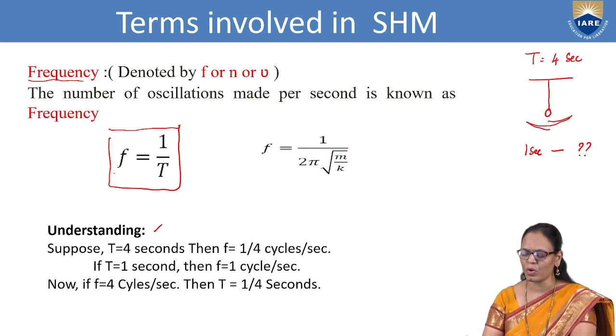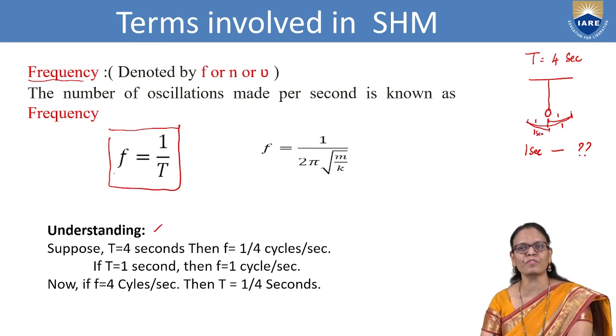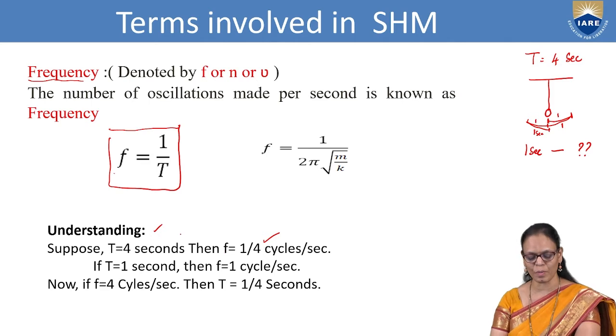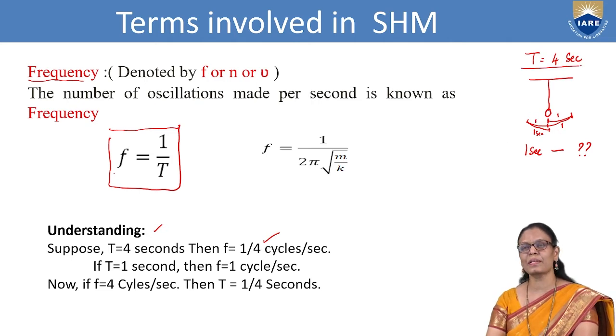It will make only 1/4 of the oscillation, because from here to here it will take 1 second, from here to here 1 second, from here to here 1 second, and again to come back 1 second. So in 1 second it is completing only 1/4 of the oscillation. So the frequency f is only 1/4 cycle. So that is how we try to understand. So we write f is equal to 1 upon T, that is 1 by 4. Hope this example is clear.